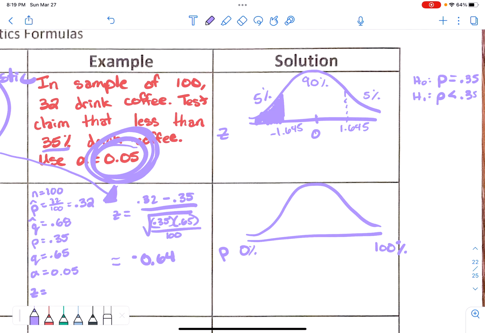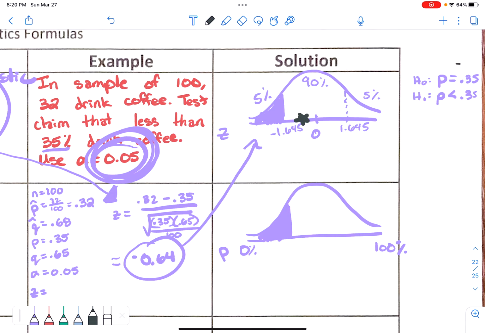Okay, versus down here, I'm going to have to look up some stuff. Negative 0.64 is what we're going to look up. Well, okay. When we're looking at conclusions here, negative 0.64 is going to live right here.